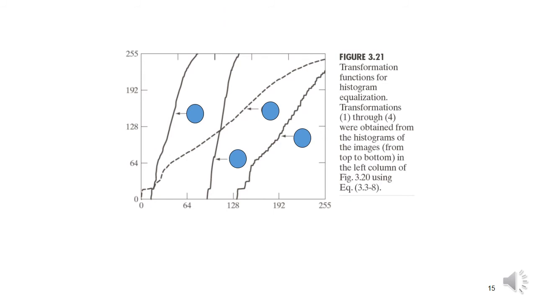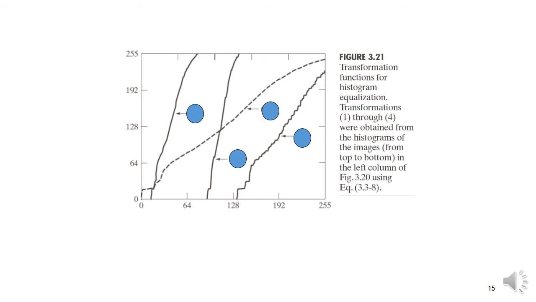Okay, here these are all transformation functions, the transformation function lines for histogram equalization transformations, and these are from 1 to 4. And these four curved horizontal lines were obtained from the histograms of the images from the previous slide.